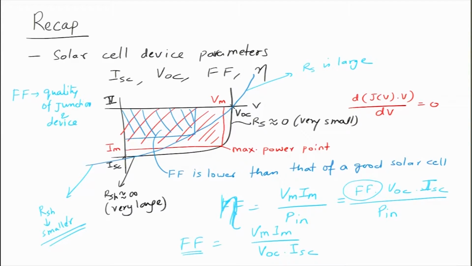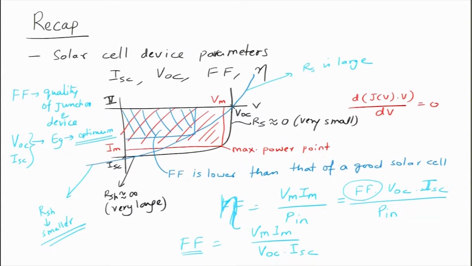Basically, the job is to minimize the parasitic resistances. VOC, as we saw last time, depends upon the band gap. So, the larger the band gap is, the larger the VOC is going to be, but if you increase the band gap, the current drops. So, both ISC and VOC to some extent are determined by EG, and there is an optimum EG that you need to use.